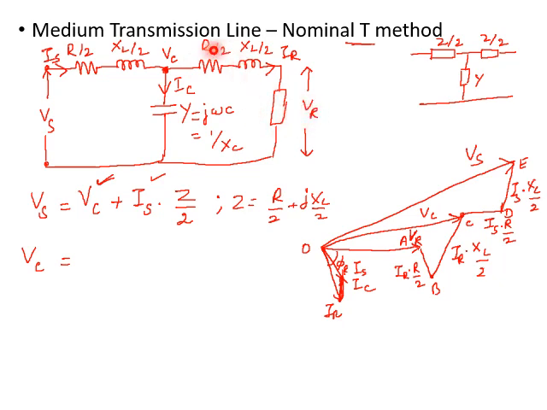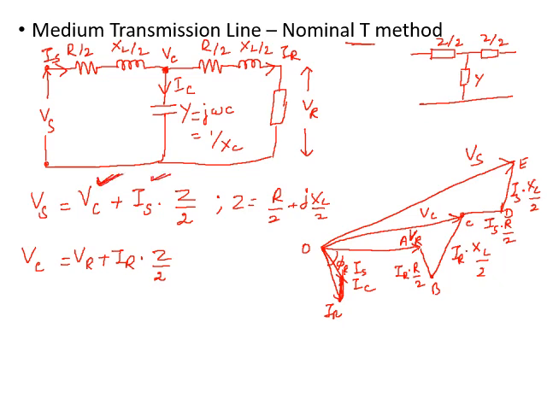So VR plus IR into Z by 2, right? So Vc is equal to VR plus IR into Z by 2. So we got the expression for Vc.